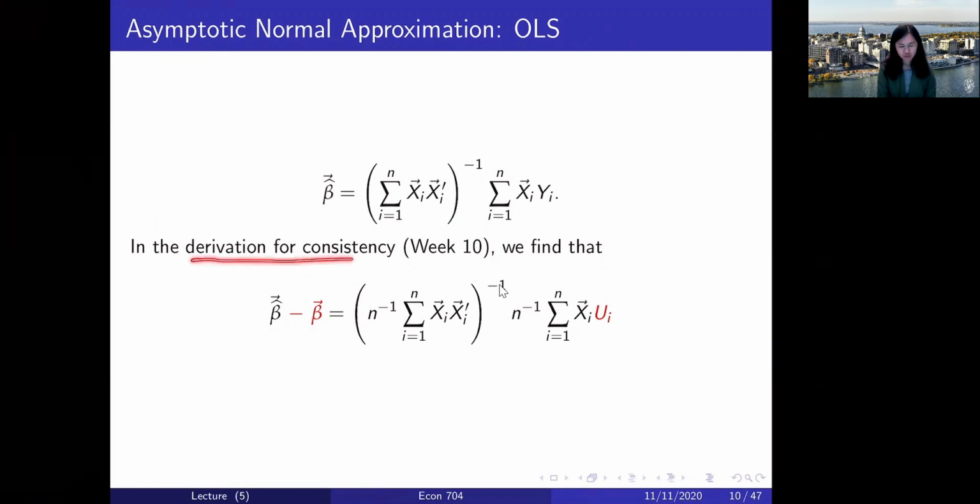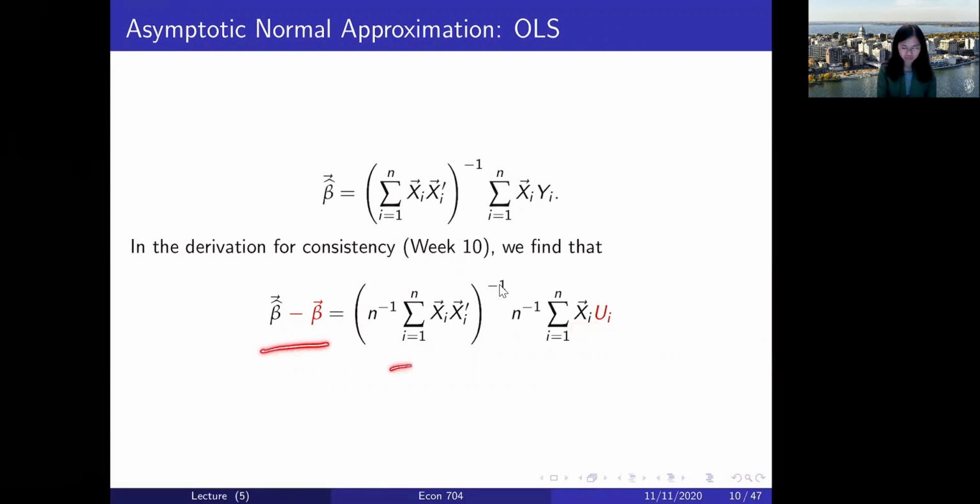From the derivation of consistency in week 10, we found that this equation holds. So beta hat minus beta equals this matrix inverse times 1 over n sum of x_i vector times u_i, where u_i is the error term.